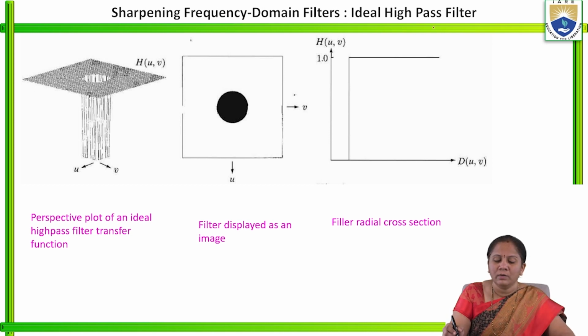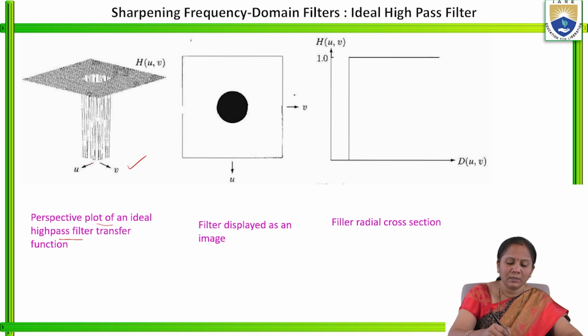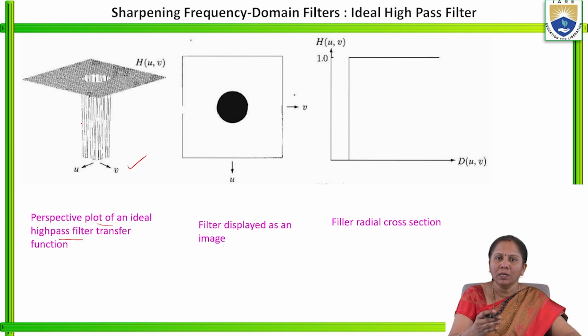Now, coming to the representation, we can see this is the perspective plot of an ideal high pass filter transfer function. If we compare this figure with the ideal low pass filter, we can see that whatever we see here at the bottom will be on the top for the low pass filter. For the high pass filter, it will be at the bottom. So the high pass filter operation is exactly the reverse of the low pass filter operation.